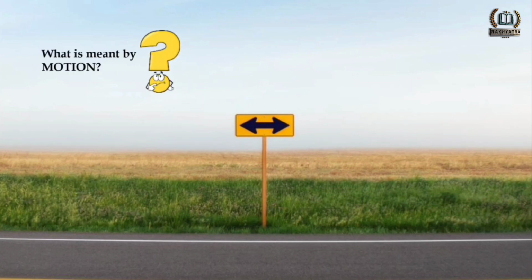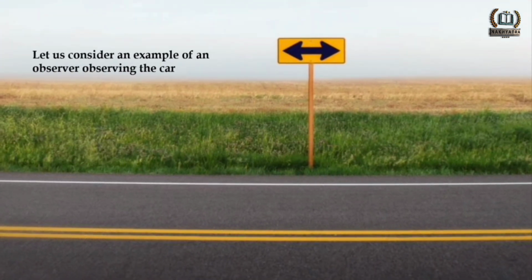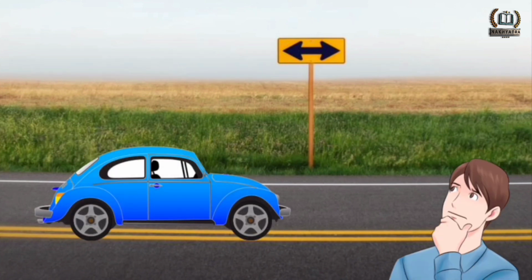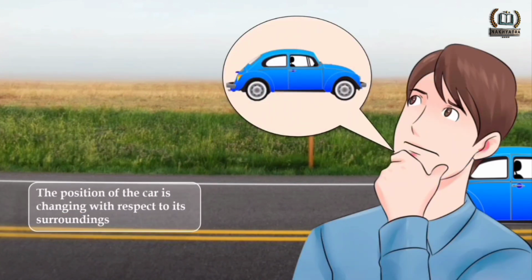Now first is, what is meant by motion. Let us consider an example of an observer observing the car. You can also be the observer. So observe the car. As you can see, the position of the car is changing with respect to its surroundings.